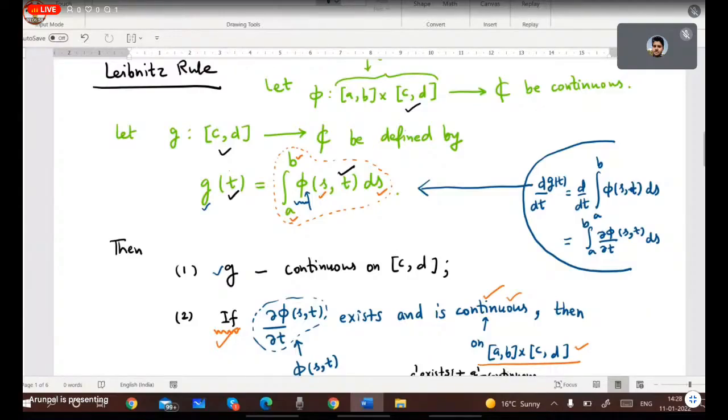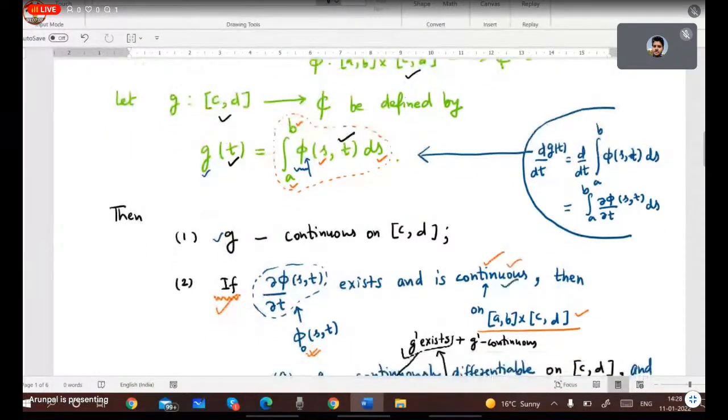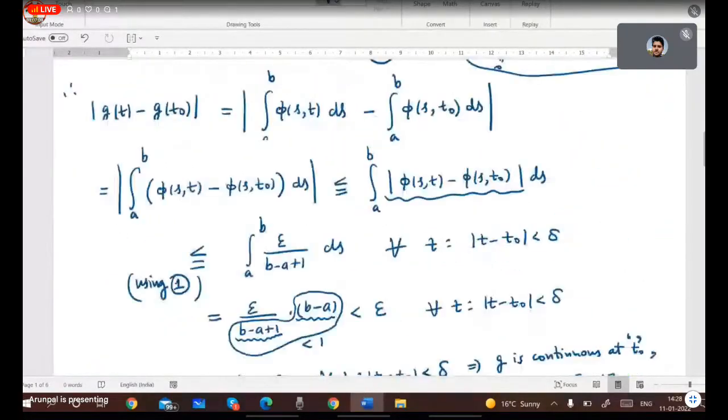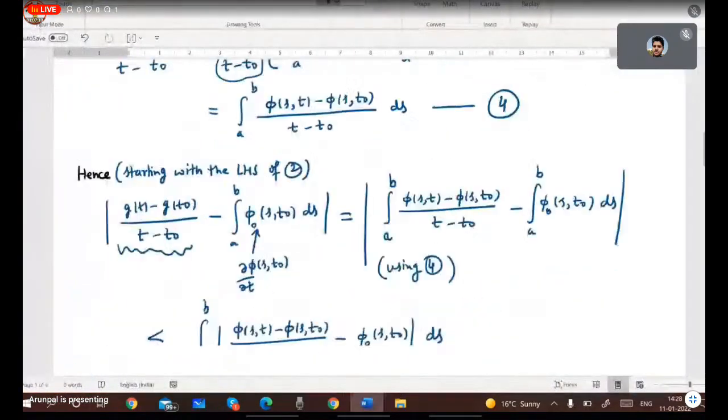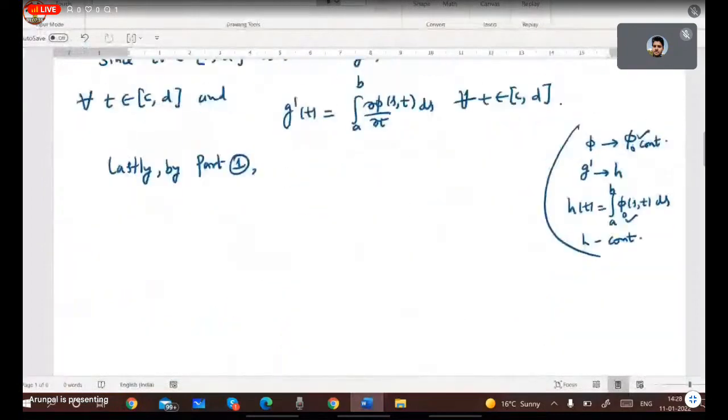So according to part 1, h will be continuous because it is given to you that phi naught is continuous. Is this okay, class?